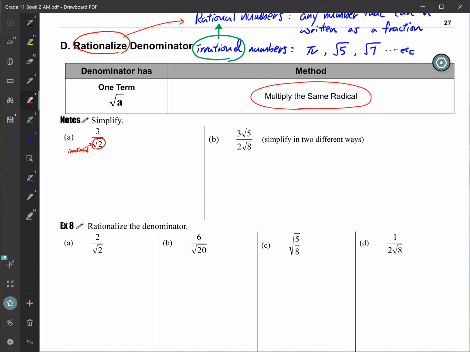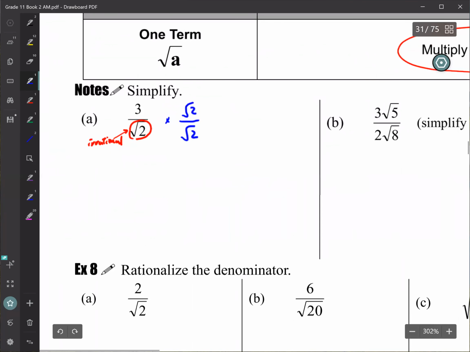So if you see a square root 2, you just multiply by the same irrational number. So you'll multiply by square root of 2 in the denominator and also the same thing on the top, because eventually you are just multiplying by 1. When you multiply by 1, you did not change the question, then that's okay. So when the denominator has one term, you just multiply by the same radical.